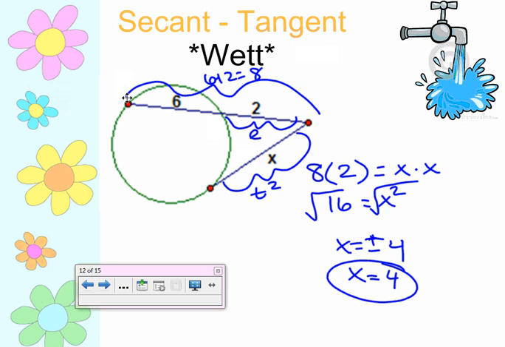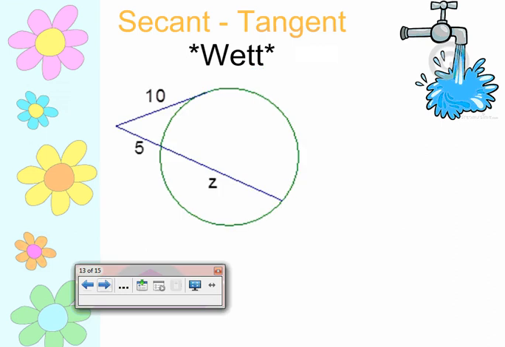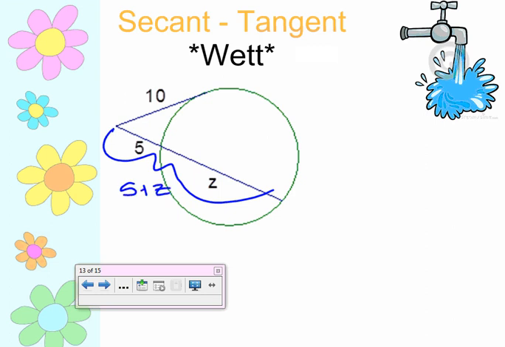Okay. Our last example for today is going to be this secant tangent. Again, we're using WET. So whole times exterior equals tangent times tangent. So my whole here is 5 plus z. My exterior is 5. So I have 5 times 5 plus z equals my tangent, so 10 times 10.